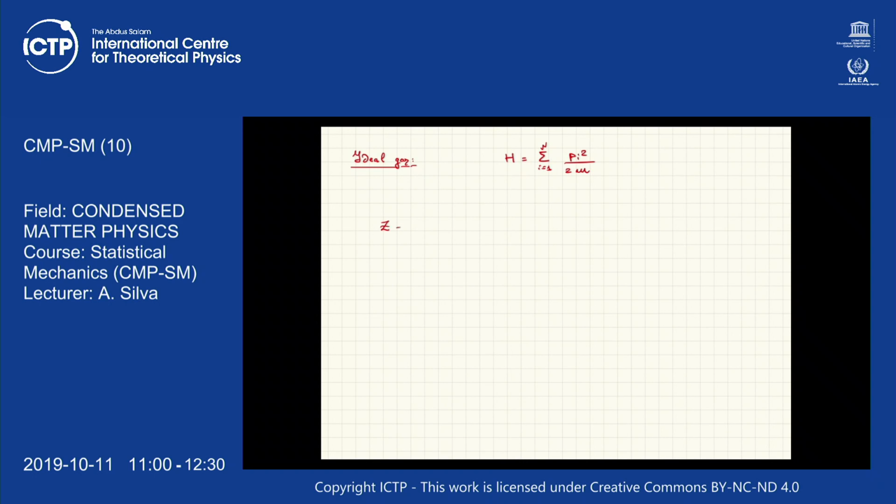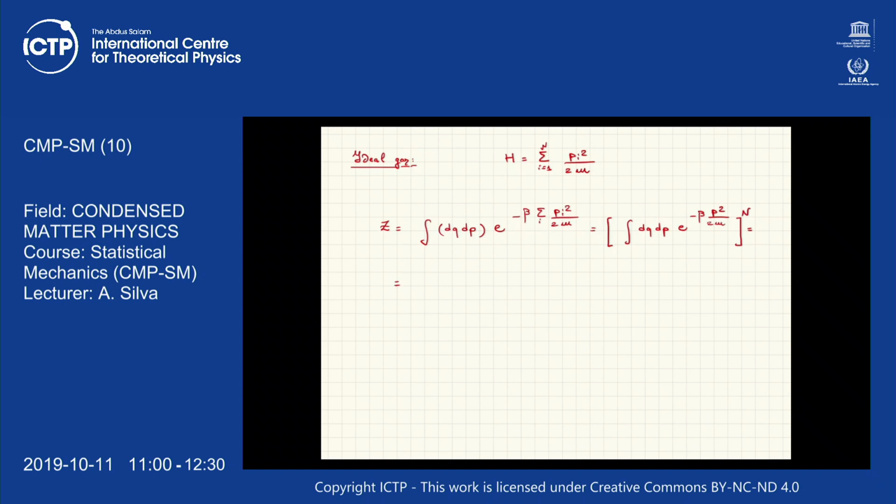In this case, the partition function is the integral dq dp of e to the minus beta sum over i of p_i squared divided by 2m. As you already told me a few minutes ago, this is the product n times of the partition function of a single particle, which is the integral dq dp of e to the minus beta p squared over 2m, to the power n.